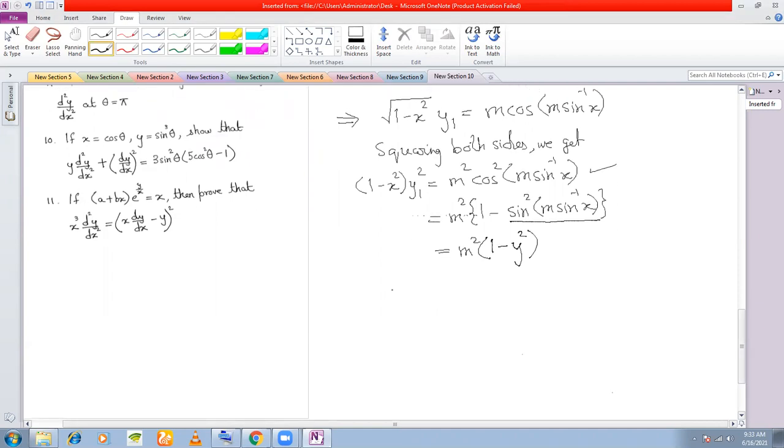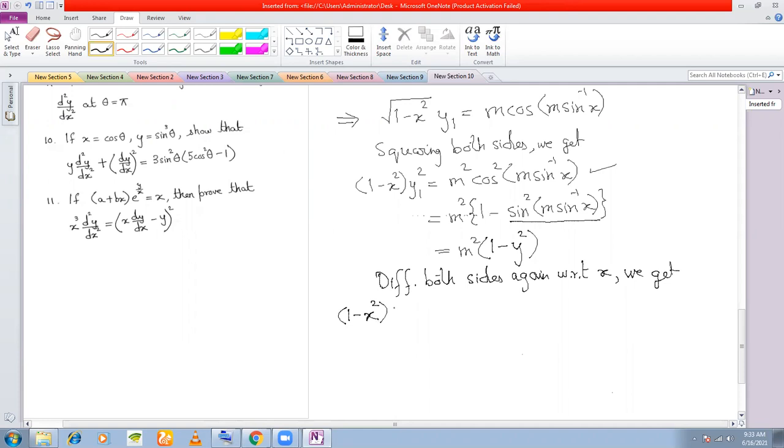Okay, now once this is clear, we will differentiate this once again, differentiating both sides with respect to x. The left hand side is (1 minus x square) y1 square. Differentiate by the u into v rule: 1 minus x square into d/dx of y1 square.